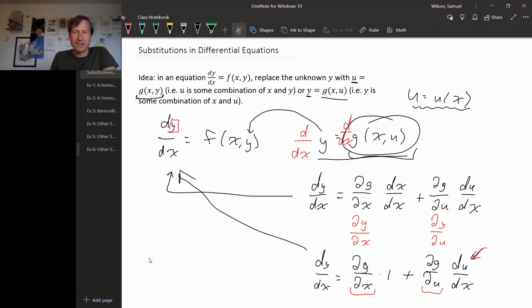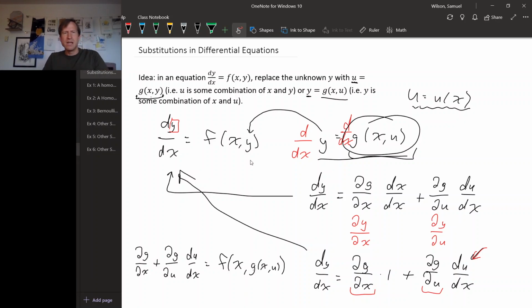So the left-hand side becomes the derivative of g with respect to x plus the derivative of g with respect to u times du/dx equals f of x comma, and then remember y is g of x comma u.